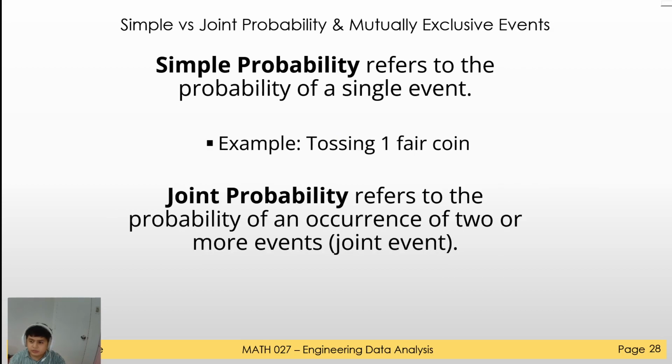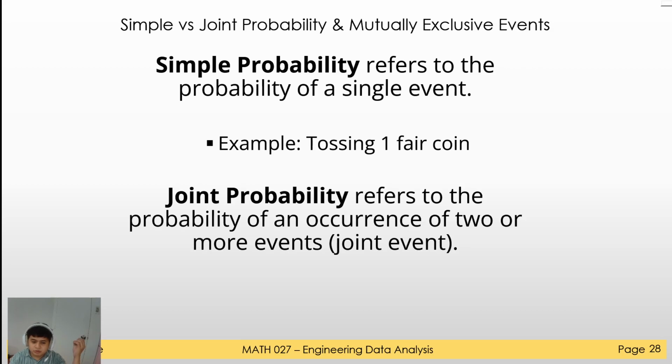For this video, we'll discuss simple and joint probabilities, mutually exclusive events, the general addition rule, and conditional probability. So let's begin with simple probability. I've discussed this before, but remembering again the basic categories of probability, we have simple probability and joint probability.